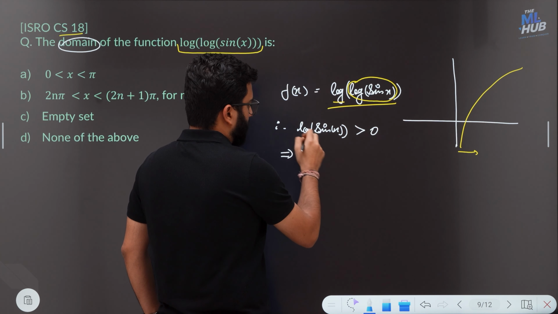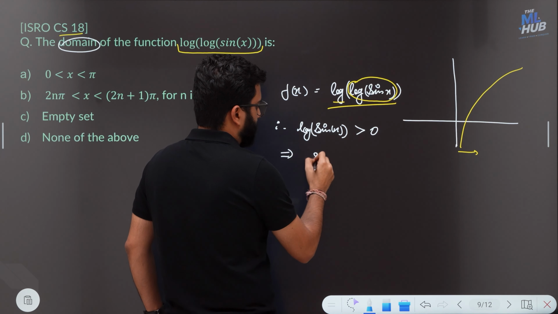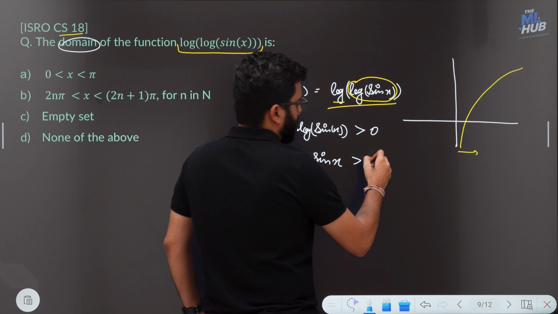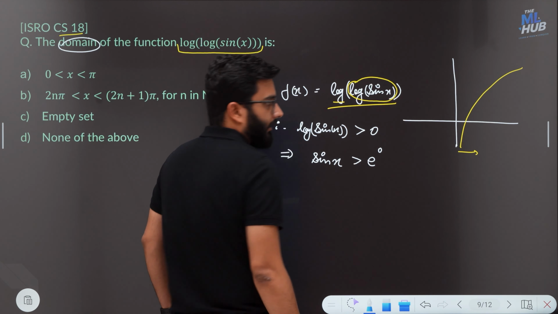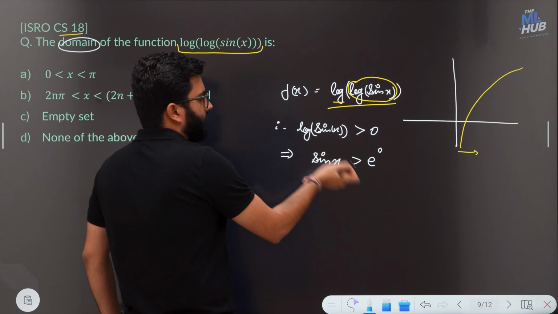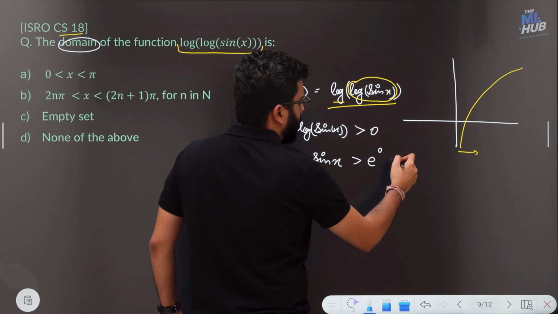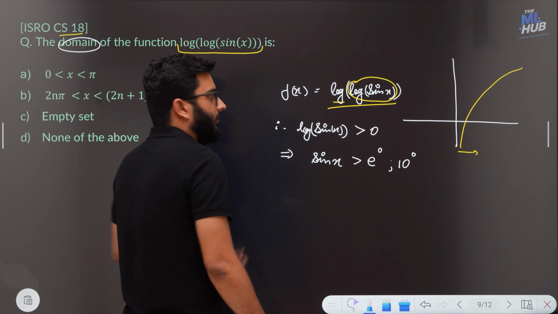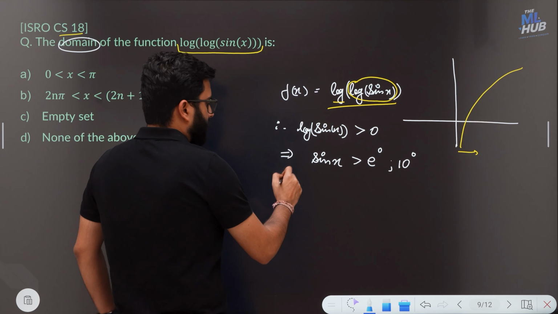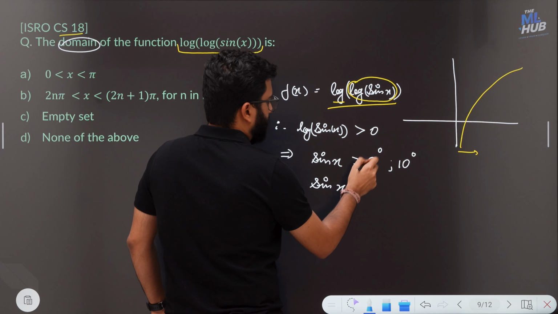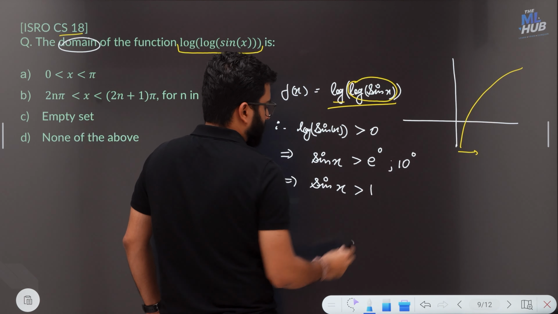So anti-log of log of sin x will be sin x should be greater than e to the power 0. Anti-log, right? You can take any base, no matter e. Either you can take e to the power 0 or 10 to the power 0. It won't impact the domain of f of x. Anything, a constant, to the power 0 will be 1.